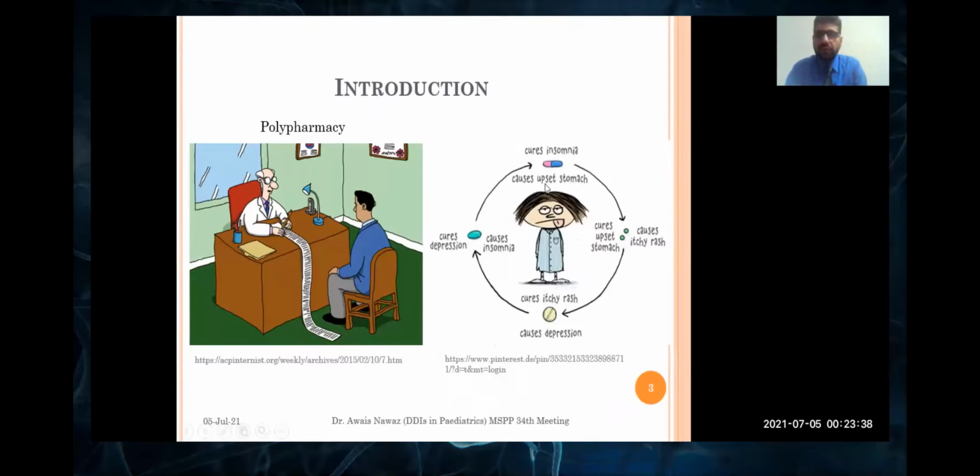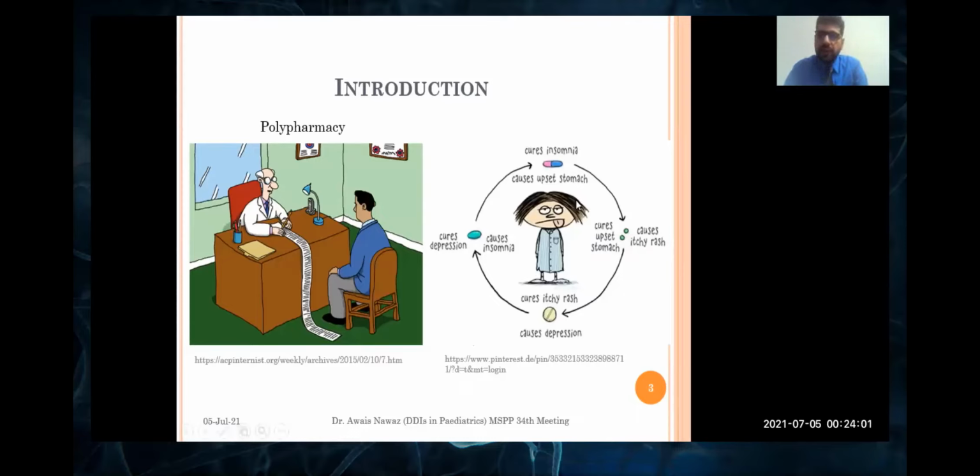For example, if you have an upset stomach, you go to the gastroenterologist. That pill can ease your stomach, but can lead to an itchy rash. You go to the dermatologist, and that pill can ease your rash, but can cause depression or some other problems. You go to the psychologist to treat those problems, but that can cause other problems in you. So this cycle goes on.